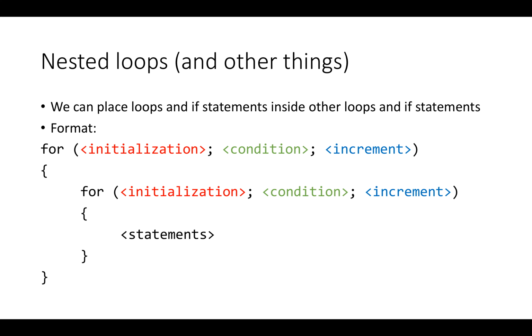So there's essentially 2 levels of for loops here. This is the outer block, and this is the inner block. So every time that the outer block is executed, we execute all 6 steps of the for loop. So just keep that in mind.